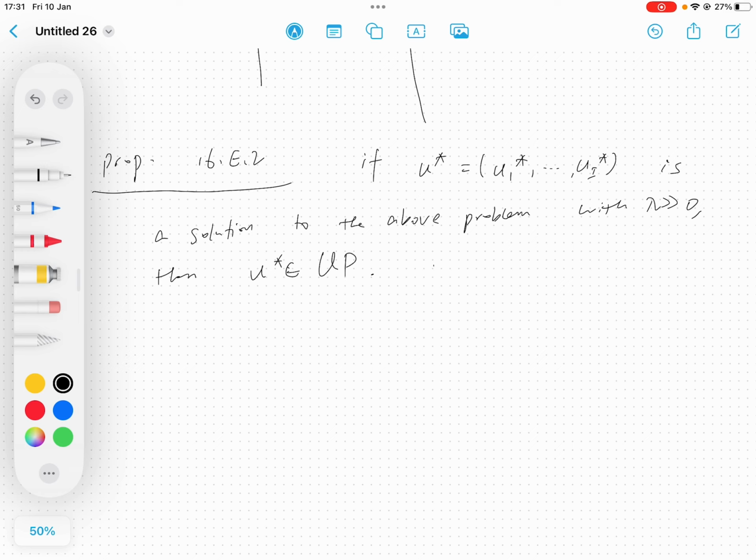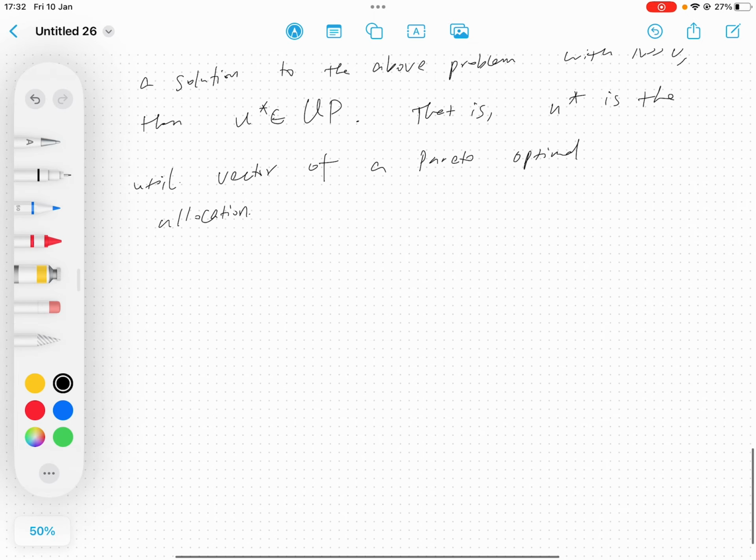That is saying U star is the utility vector of a Pareto optimal allocation. So that's the definition for this UP. That's one direction.